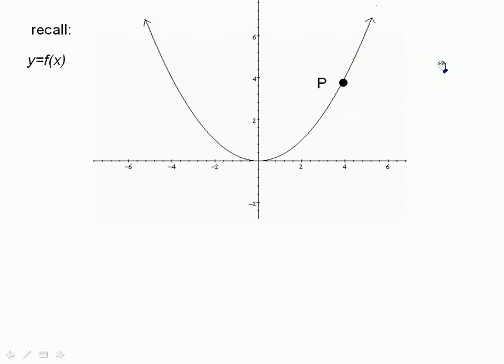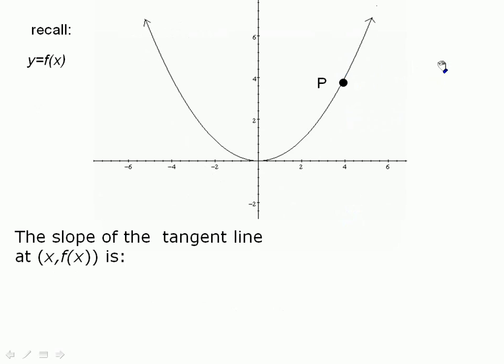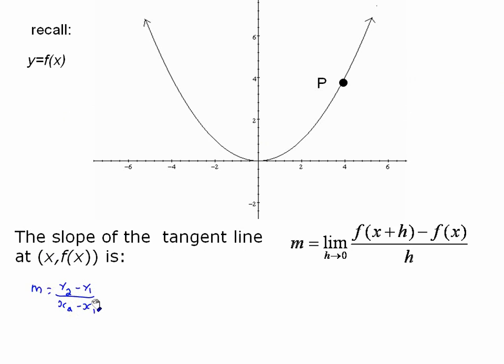Let's take a look at this again. If you're trying to get the slope of the tangent line based on that, we use the slope formula, m is equal to y2 minus y1 divided by x2 minus x1. Using limits, this is the big step forward we make.